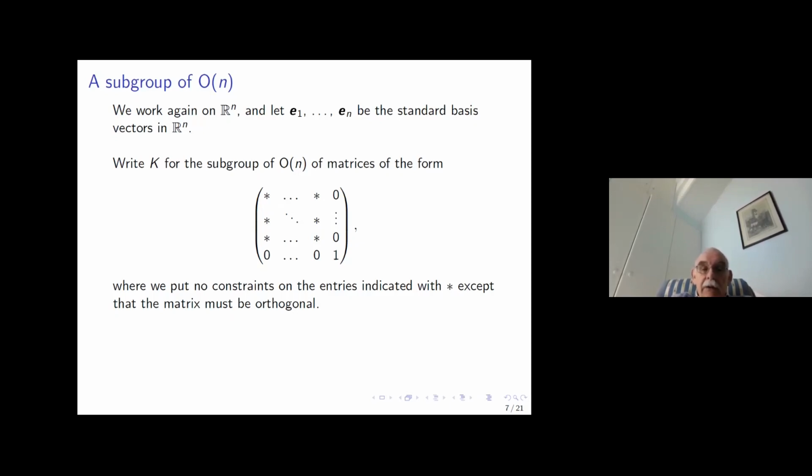Now, that means that if I take these vectors corresponding to the columns except for the last column, then they're orthogonal amongst themselves, and they're also orthogonal to this one.